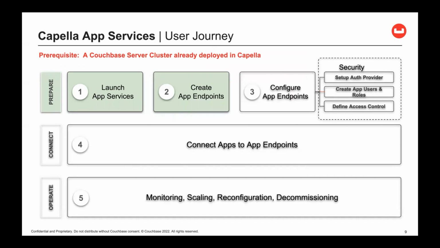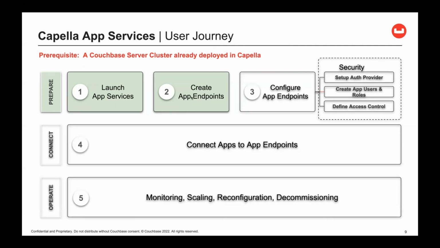The next thing you would do is create one or more app endpoints on the app service. So what is an app endpoint? An app endpoint, think of it as a representation of your application on your app service. So this is the endpoint to which your mobile, desktop, Couchbase Lite powered applications will connect to.